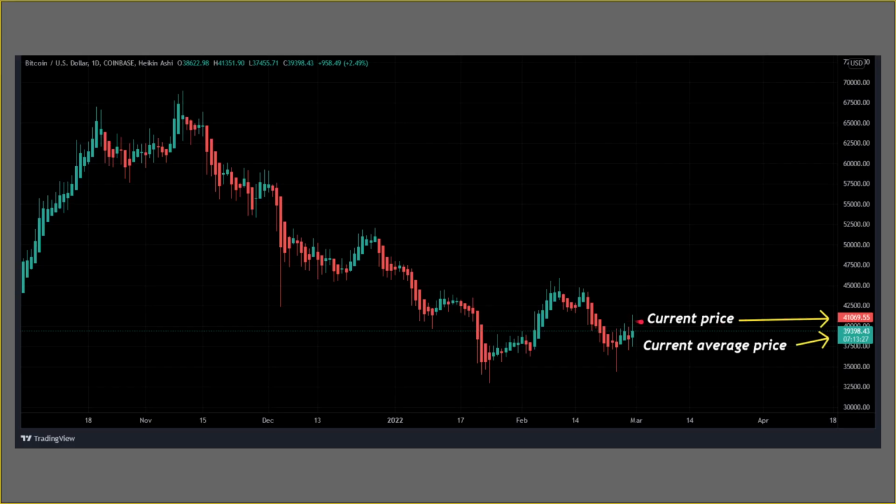So the actual price was around here, but because Heikin Ashi is foregoing the current price in favor of averages, we're seeing the average price of the particular candle was about 39,000, and we are seeing that displayed as well. So something to keep in mind if you are going to utilize Heikin Ashi candles.